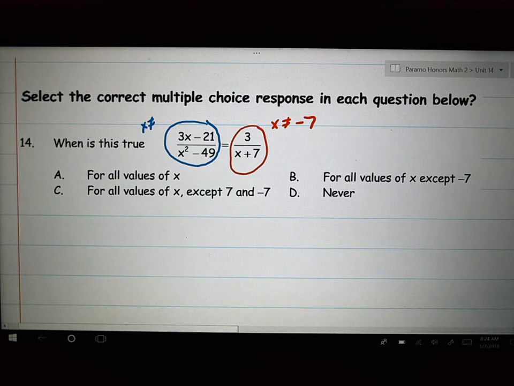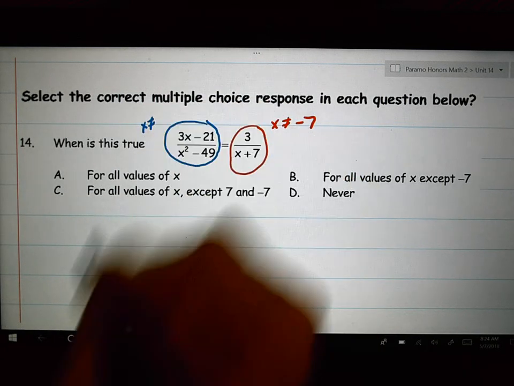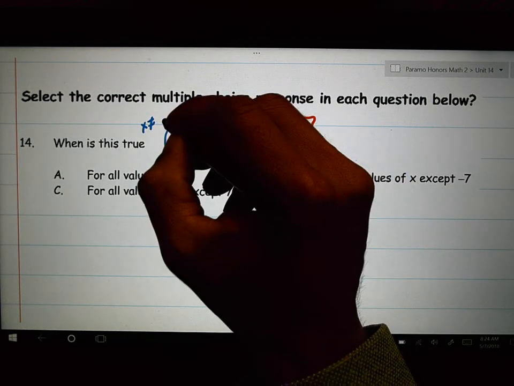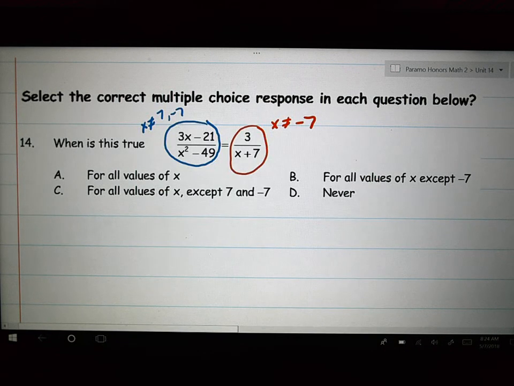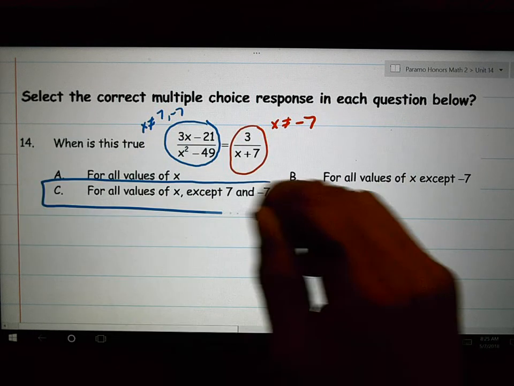What 2 values on the blue side? If you know, tell the person you're sitting next to what x cannot equal. And so our correct answer here would be which letter? If you know, say the letter to your partner. I heard a lot of C's.